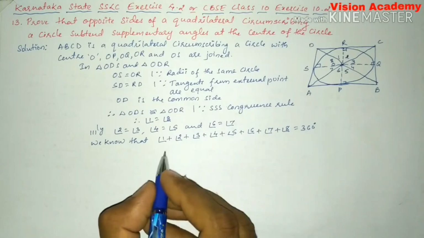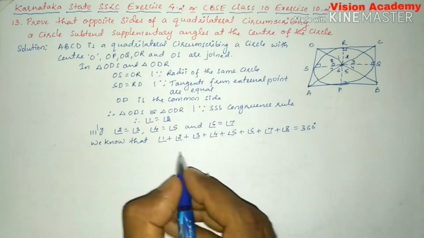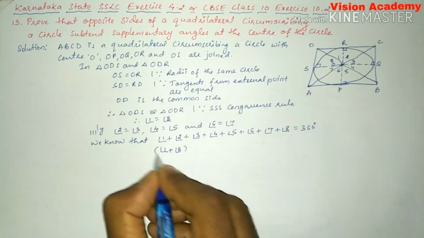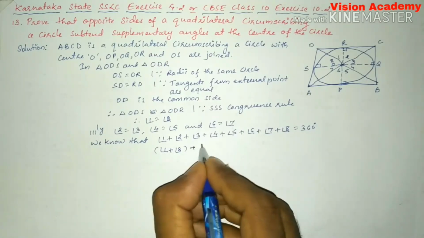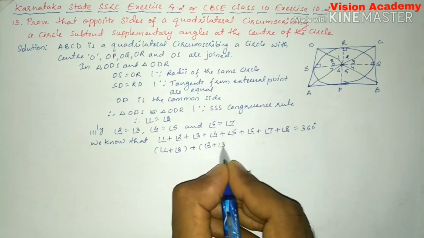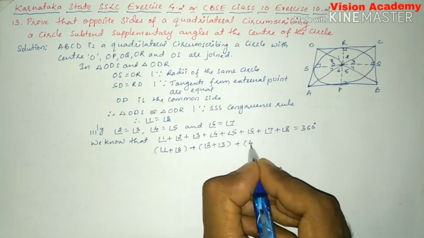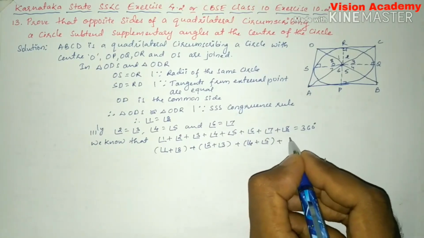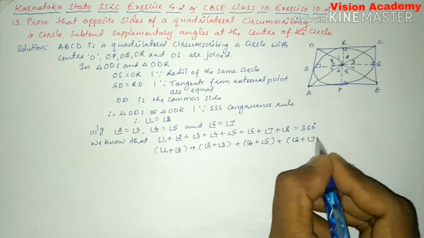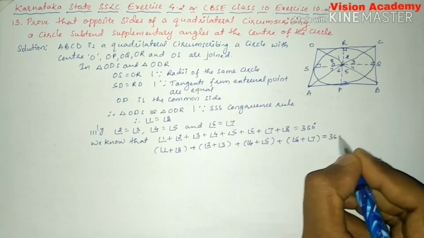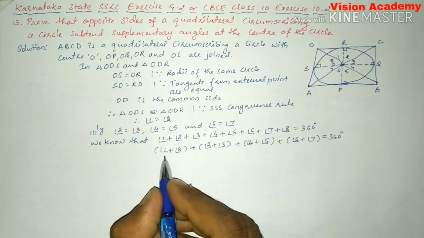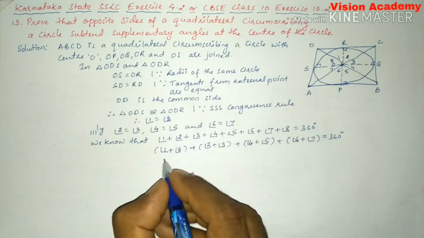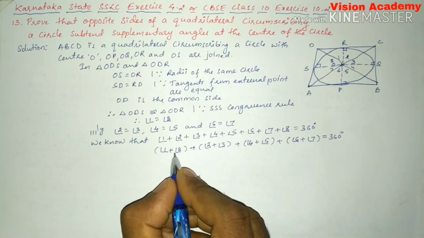Now we'll write angle 1 plus angle 8 group together plus angle 2 plus angle 3 plus angle 4 plus angle 5 plus angle 6 plus angle 7 is equal to 360 degree. Now here you can see the angle 1 is equal to angle 8. In place of angle 8 we are going to write angle 1.